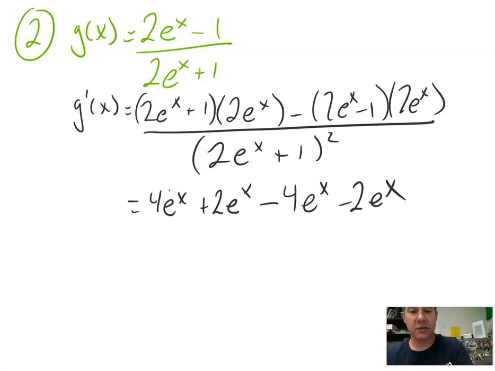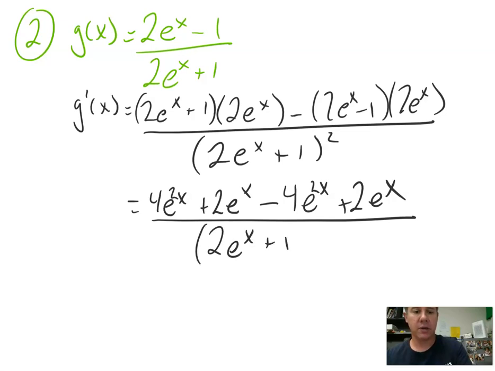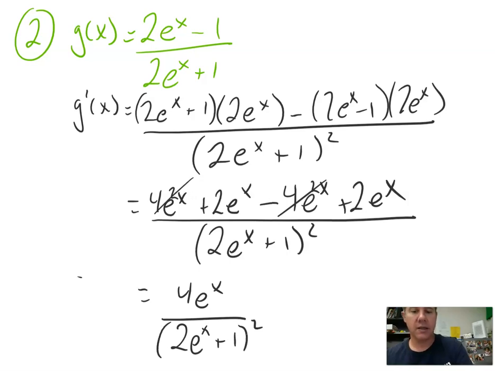It should be 4e to the 2x, and then I forgot to distribute my negative back here. Okay? All over 2e to the x plus 1 squared. And now when I put like terms together, these kill each other off. And so I get 4e to the x over 2e to the x plus 1 squared. And there's my derivative. Yay!